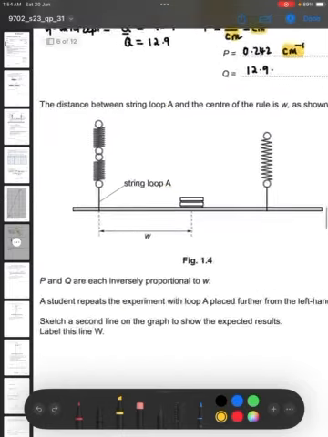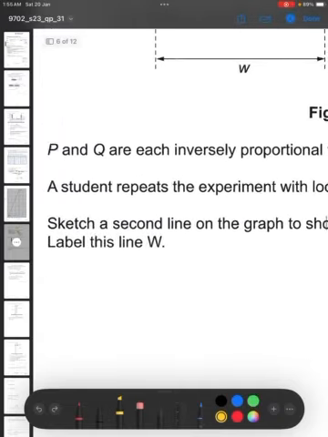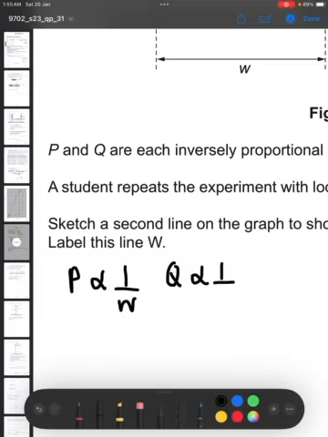P and Q are inversely proportional to W. What does that mean? This means that P is inversely proportional to W and Q is also inversely proportional to W.